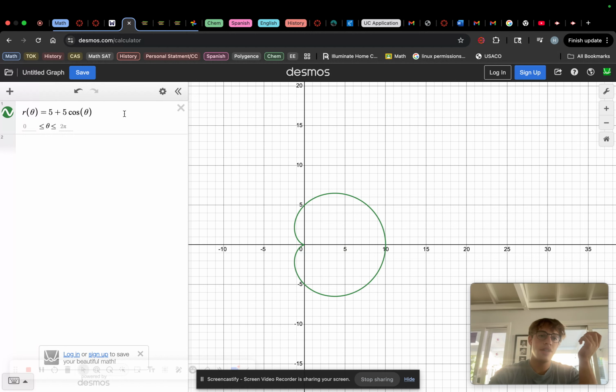Or sorry, not inverse cosine. Let me backtrack here. We have to do inverse cosine of 1 equals theta.